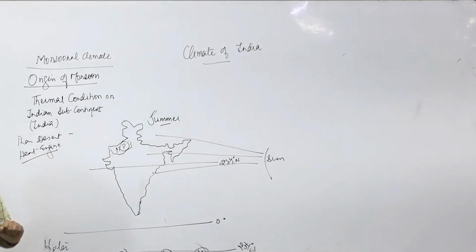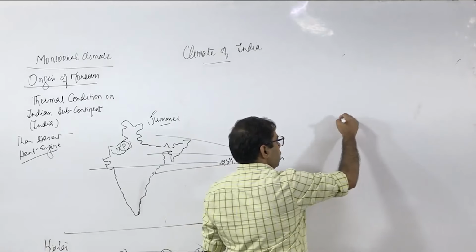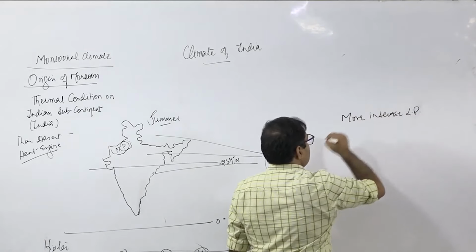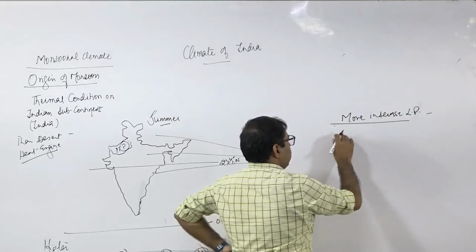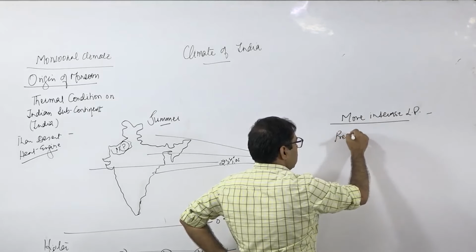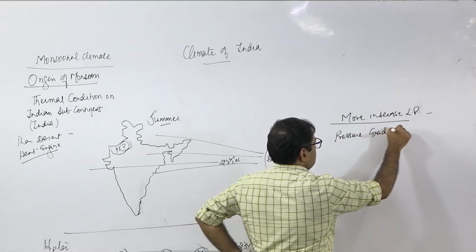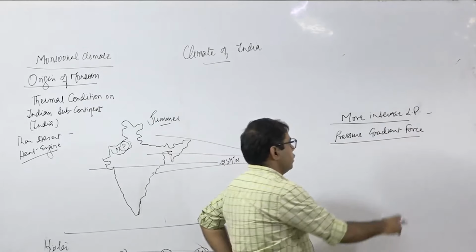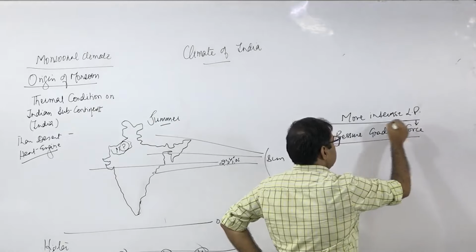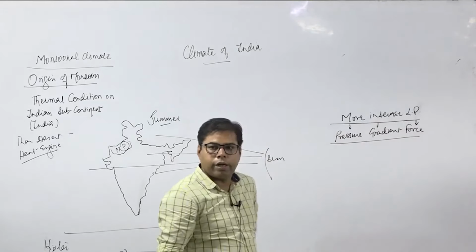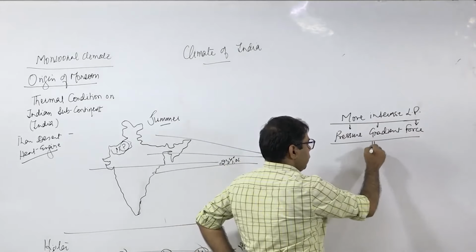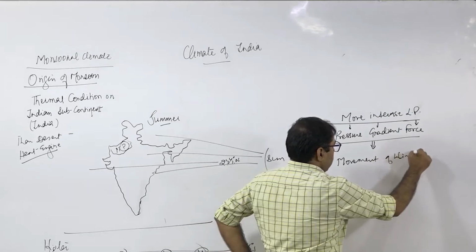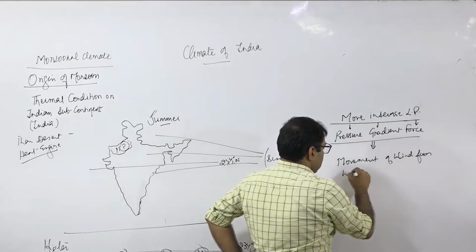The more intense the low pressure, the more intense the pressure gradient force will develop. The more the pressure gradient force, the more it is responsible for the movement of wind from the high pressure center.